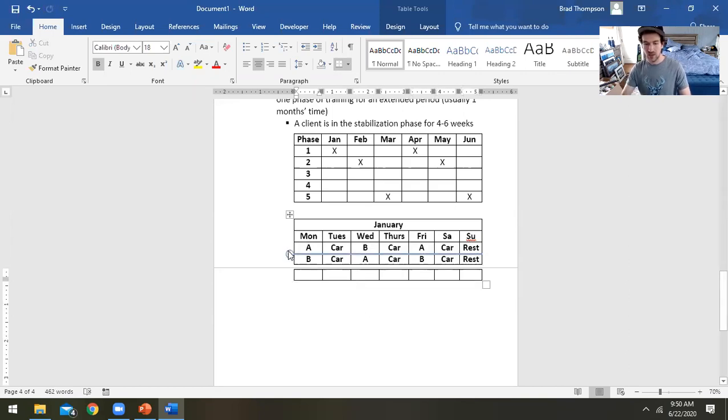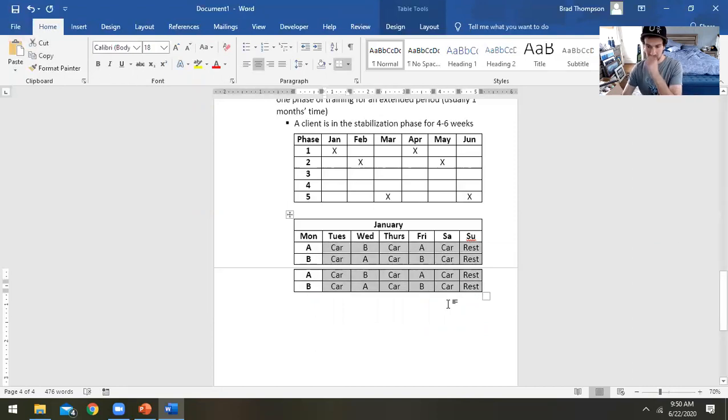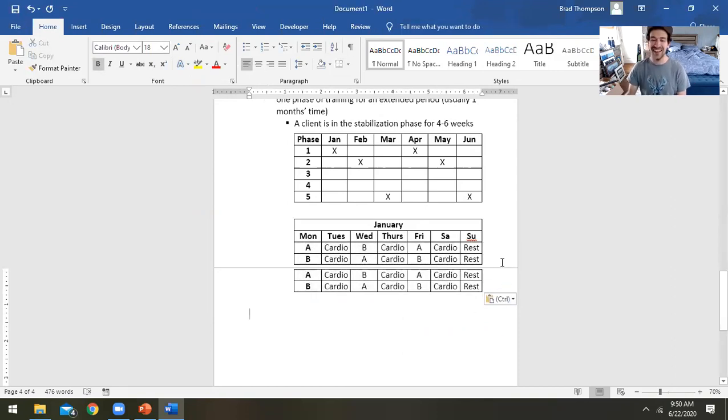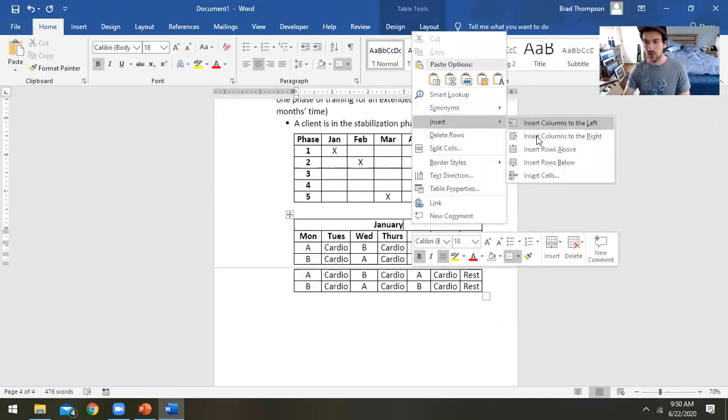And then I am just going to do the exact same thing for the next 2 weeks. A, B, A, B, A, B, right? Should I put the words cardio? Does it fit? It kind of fits. That looks much better. All right, so that's an example of linear periodization, right? And all of this would be in phase 1.